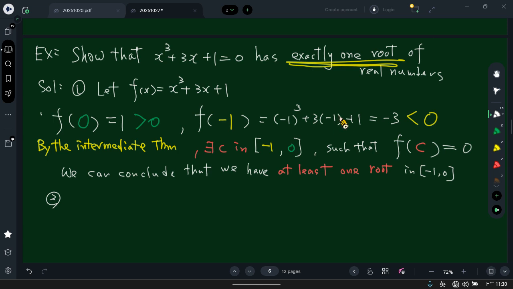But the question asks more, that can you show me you have exactly one root? So we should continue. So we assume there are two or more roots of real numbers.